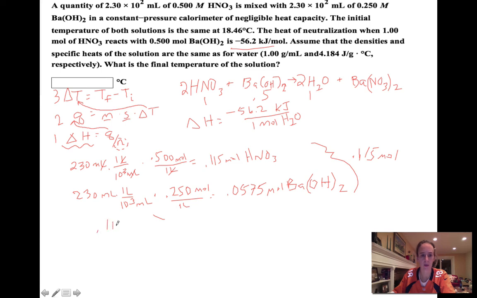If I've got 0.115 moles of water, and I know that every 1 mole of water gives off 56.2 kilojoules of heat, that allows me to calculate that this particular amount of reactants in this experiment will give off 6.463 kilojoules, which is equal to 6,463 joules.